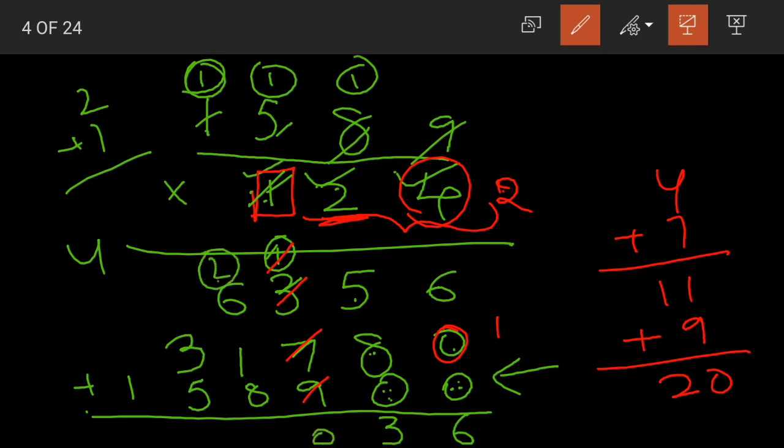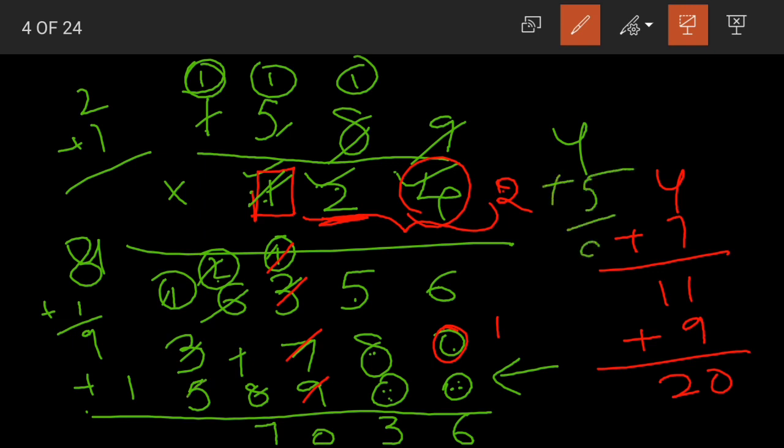Yes. Now coming to the next place, 2 plus 6, 8. 8 plus 1, 9. 9 plus 8 is how much children? 17. 7 here, 1 carried. Now 1 plus 3, 4. 4 plus 5 is equal to 9. So writing 9 here, and lastly we have 1. What is the answer? 1,97,036.